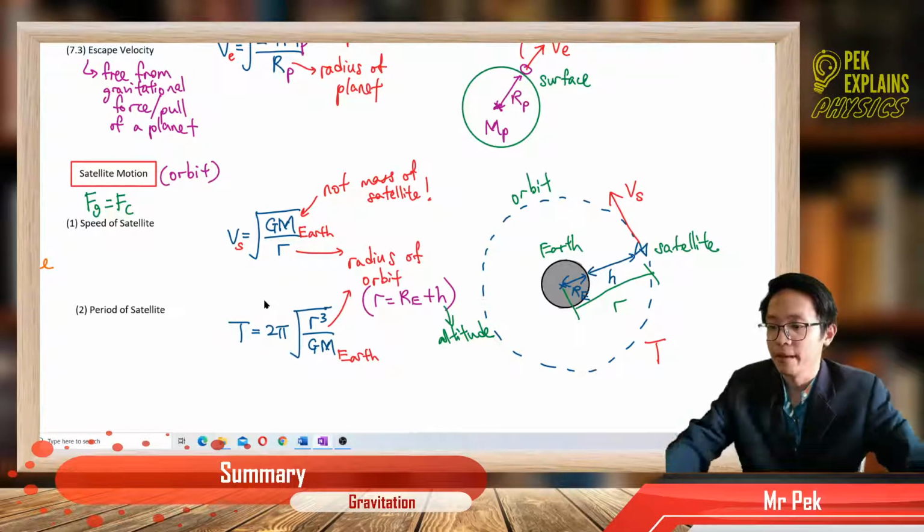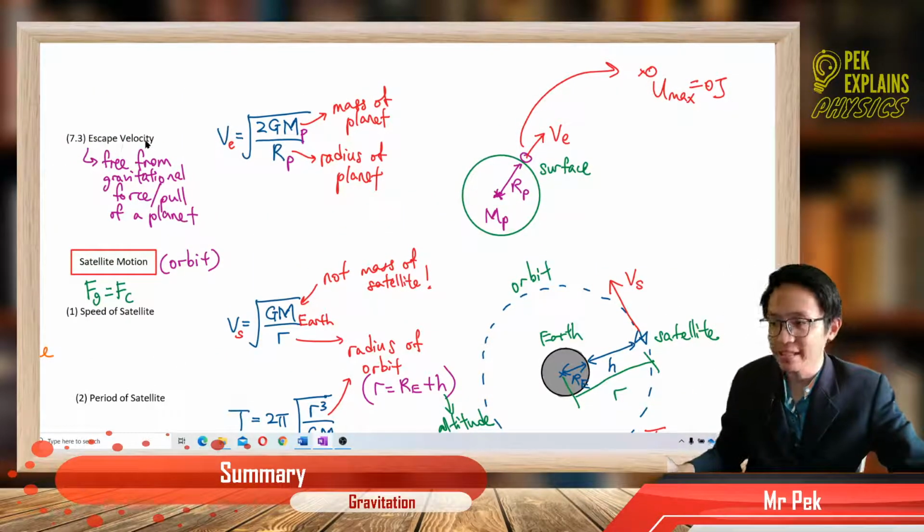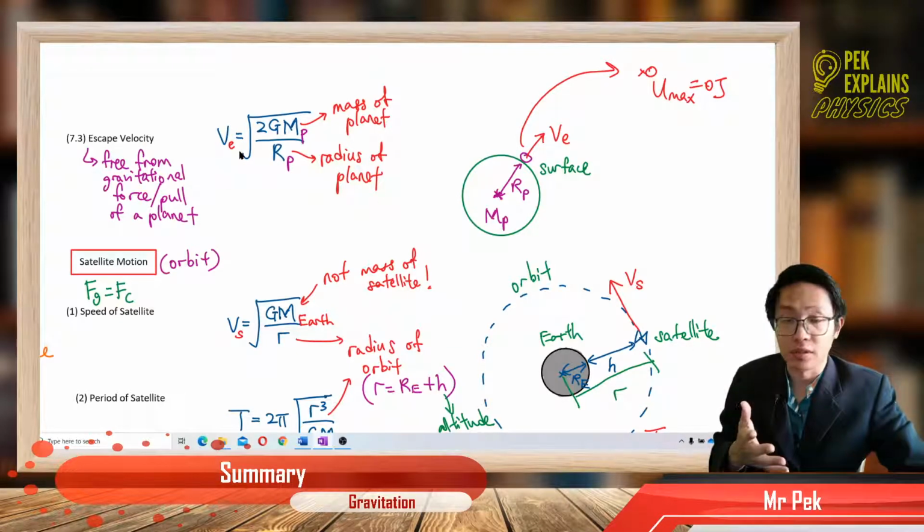Remember that. Now, one thing I want to emphasize here: escape velocity and speed of satellite have almost the same formula. Escape velocity is the square root of 2GM over r, but the speed of satellite is only the square root of GM over r, without the 2. But they have different meanings. Escape velocity is for any object that wants to escape from the surface.